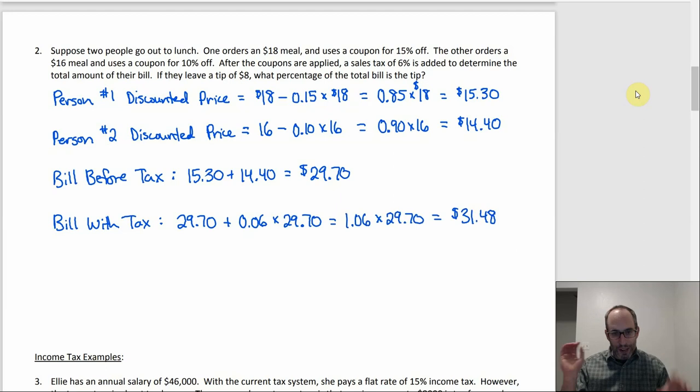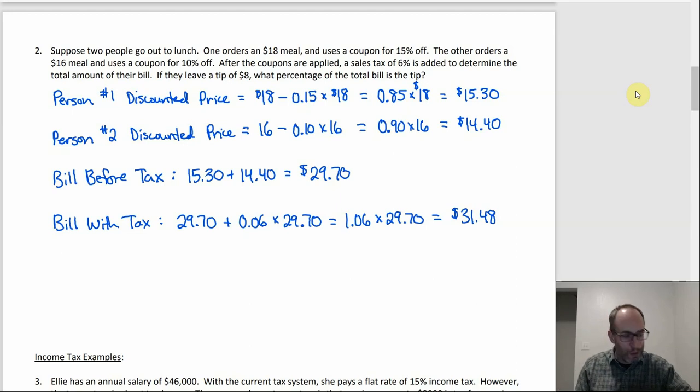So when the check got dropped off at their table, that's what it's going to say. It's going to say 31.48 because the discounts were applied to their meals. Then the sales tax was applied to that amount. And so that's what's going to be on their bill.